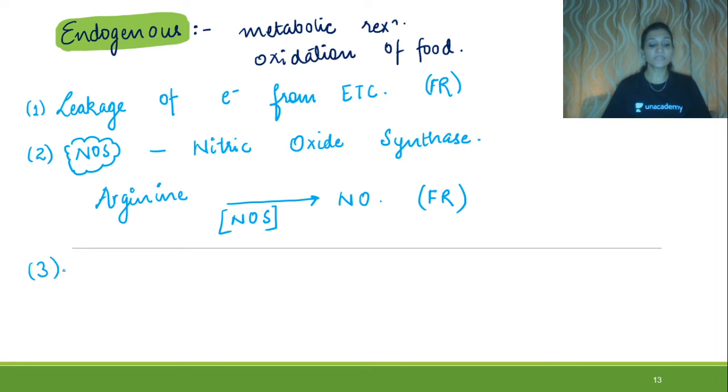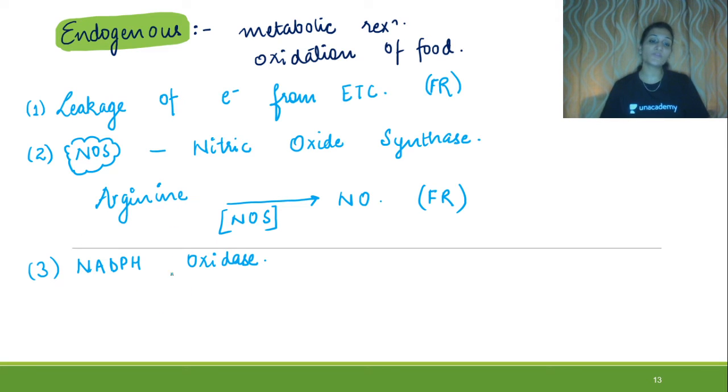Now the third is by NADPH oxidase. Another term used for the production of free radicals by this process is respiratory burst.